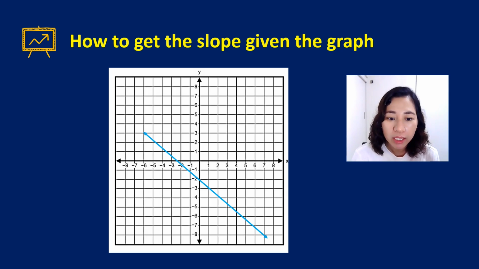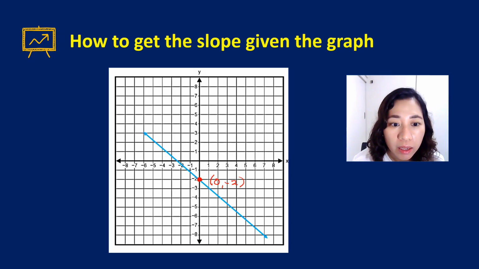So for example, in this case, I will use this point. What is this point? This is the point (0, -2). And what else? Let's say I want it to be exact. This point over here, what is this?